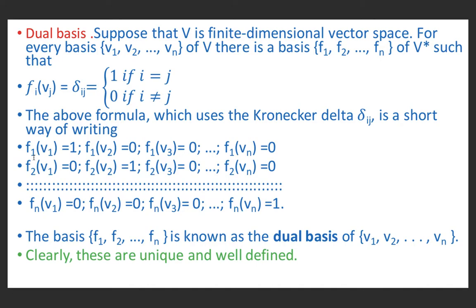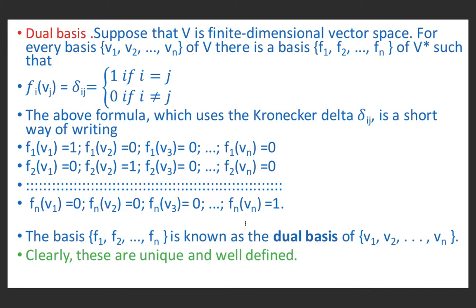Otherwise, we write it as f1(v1) equal to 1, f1(v2) equal to 0, f1(v3) equal to 0, ..., f1(vn) equal to 0. Here one may notice that where the suffix of f and v are equal, then it is 1, otherwise these are 0. f2(v1) equal to 0, f2(v2) equal to 1, f2(v3) equal to 0, ..., f2(vn) equal to 0. Here the suffixes of f2 and v2 are equal, so the value is 1, otherwise 0. fn(v1) equal to 0, fn(v2) equal to 0, fn(v3) equal to 0, ..., fn(vn) equal to 1.